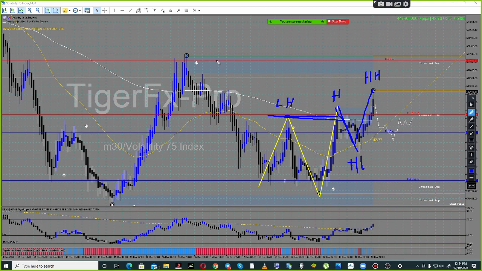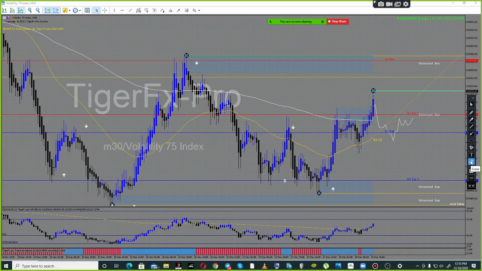You can see now there's no lower highs. Now we have higher highs and higher lows. Now you can see that the market is going up. So if the market is going up, you must look for buy trades only. You must ignore sell trades.